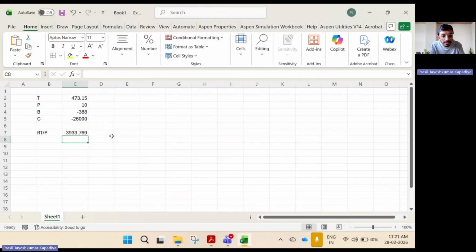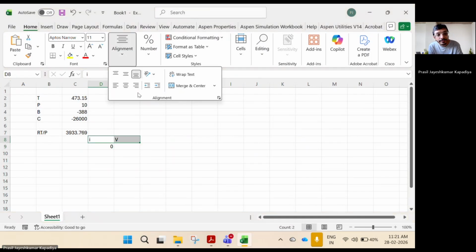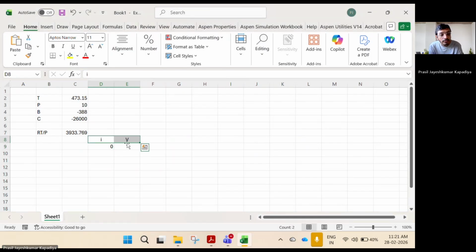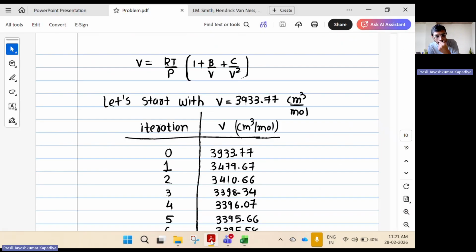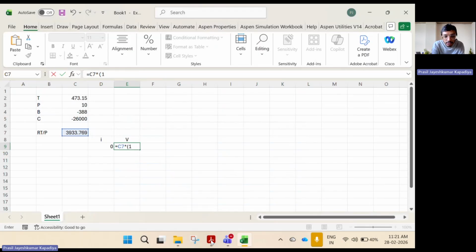Let's say I'm doing the first iteration, i equal to 0, so I will be finding the value of V. It will be equal to RT by P into 1 plus B by V plus C by V square, where I start with this initial volume.